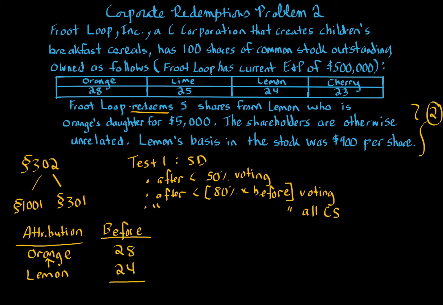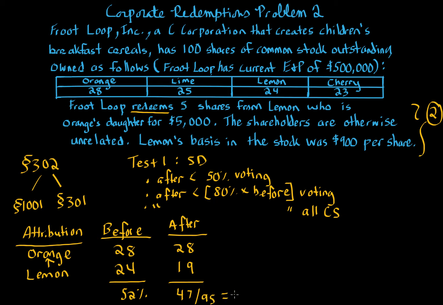That's going to equal 28 plus 24 is 52%. After, Orange still has 28. Lemon now has 24 minus 5 is 19. 28 plus 19 is 47. How many shares are outstanding? We've got 100 minus 5 is 95.